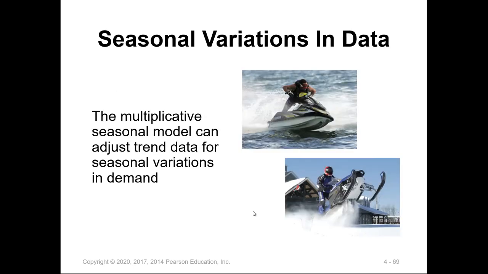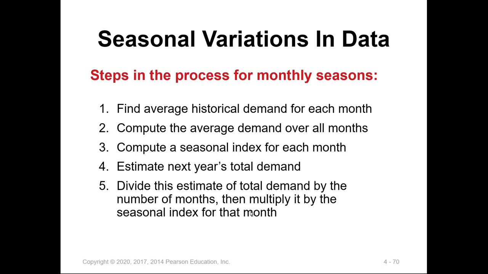The multiplicative seasonal model can modify trend data to accommodate seasonal variation in demand. If you remember, we said that when we have seasonality, it will be different. So we can add the seasonal model to modify the trend data based on that, for example the jet ski and the snowmobile that we addressed in a previous session. To do that, we first need to find the average historical demand for each season, then compute the average demand for all seasons.